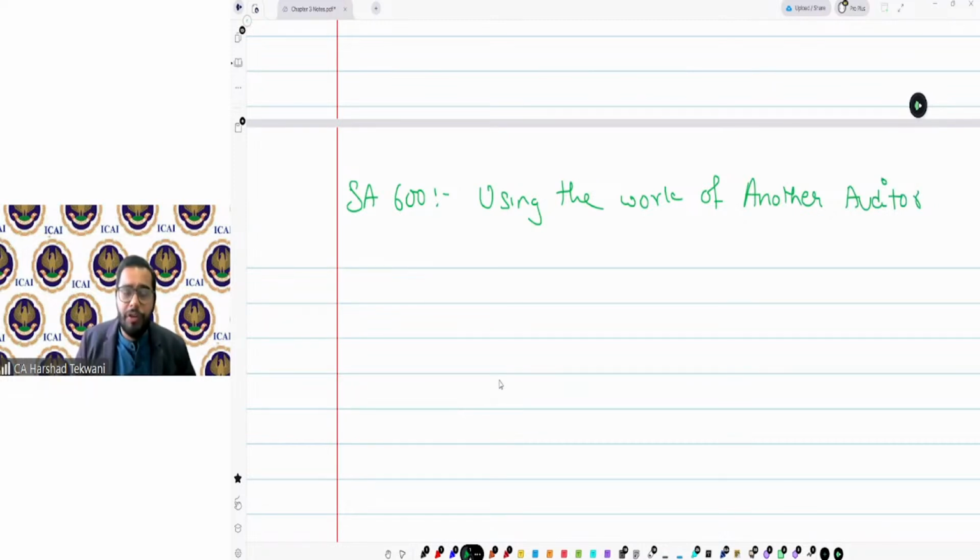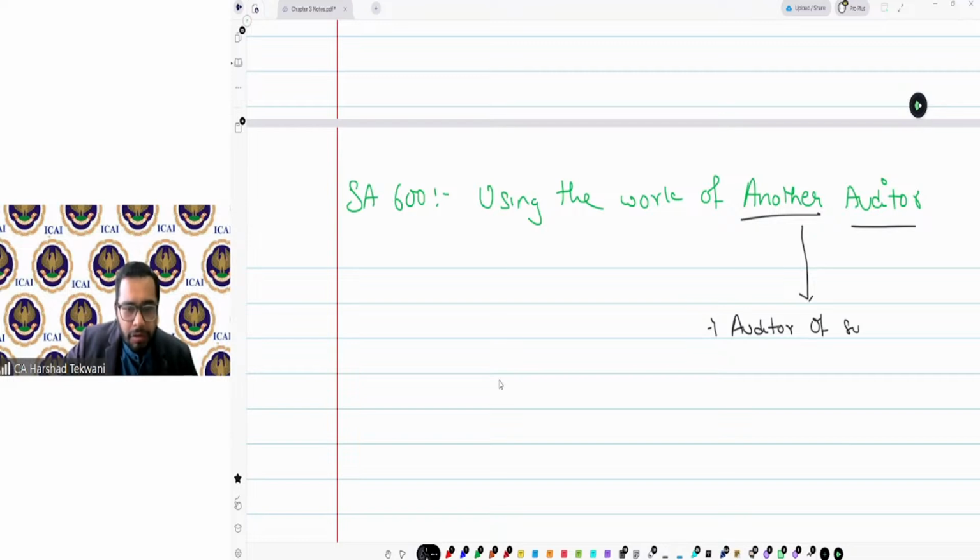Now the question is, who all are part of another auditor? If I say work performed by another auditor, then who all are part of it? I'll give you some options. You say yes or no, whether that is included or not.